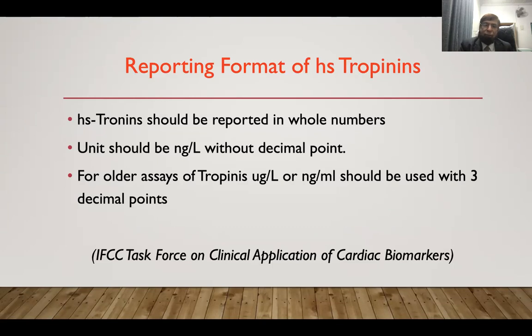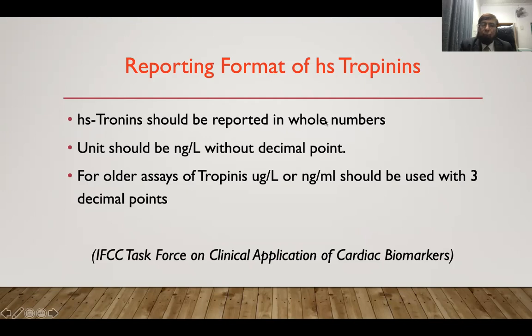Now, the things I am going to discuss are cosmetically very important. Although nobody may ask you, as a pathologist, clinician, or student of laboratory medicine, you must follow the international guidelines. IFCC has recommended that troponin should be reported as a whole number.